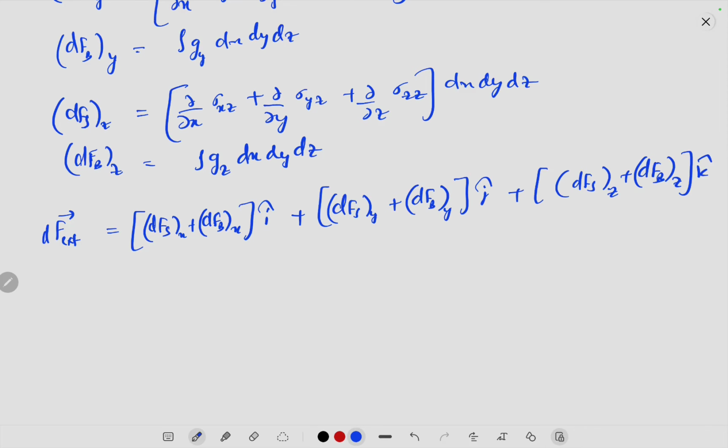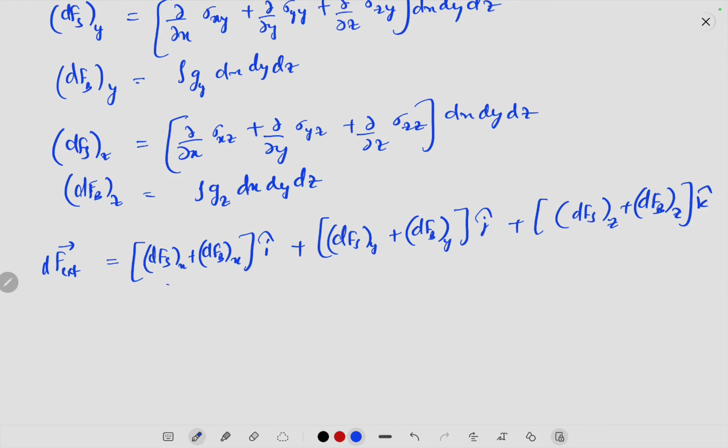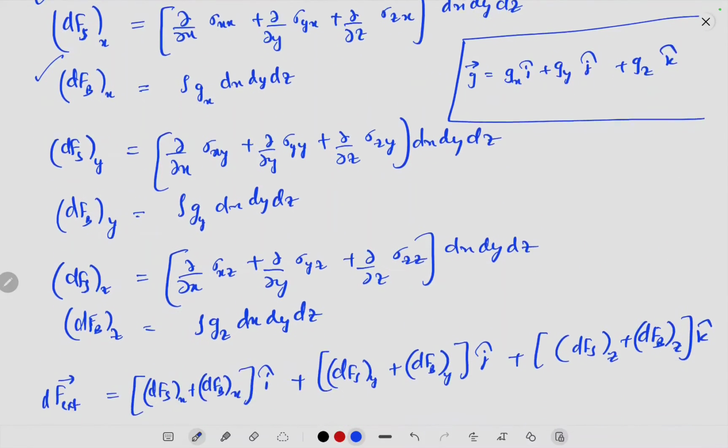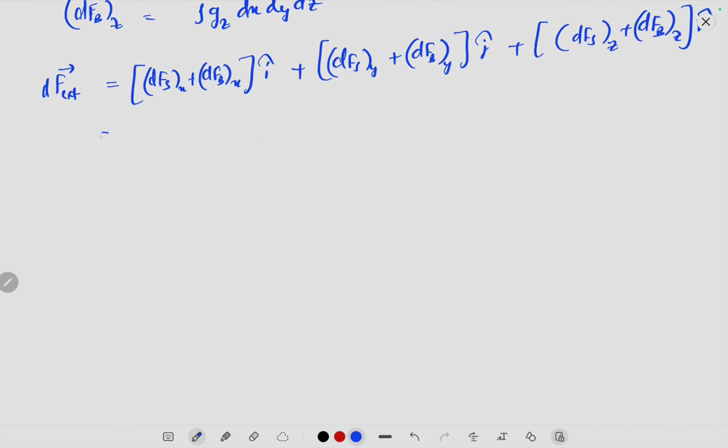Okay, so what was this term? This term was del by del x sigma xx plus del by del y sigma yx plus del by del z sigma zx, times dx dy dz, and since dx dy dz will be common in all the terms, we'll take it out.